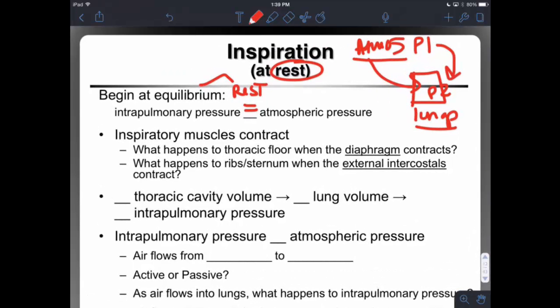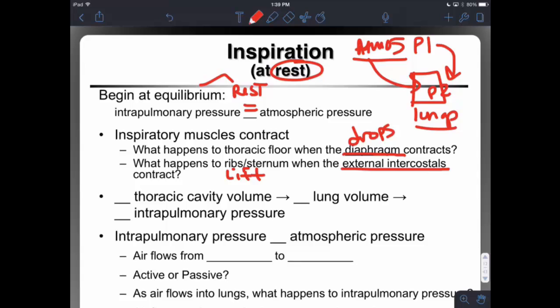So what happens is that your inspiratory muscles contract. Your inspiratory muscles are your diaphragm and your external intercostals. When the diaphragm contracts, it drops. When the external intercostals contract, they lift the ribs and the sternum.